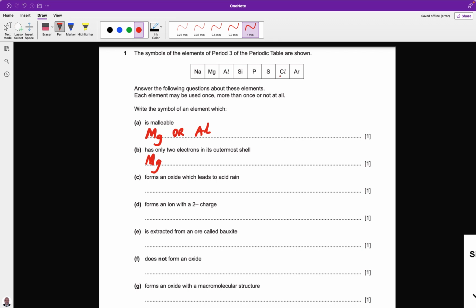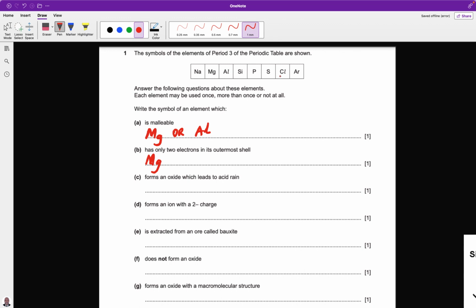When sulfur reacts with air, it forms sulfur dioxide. Then this sulfur dioxide, when it escapes into the air and reacts with oxygen of the atmosphere, forms sulfur trioxide.